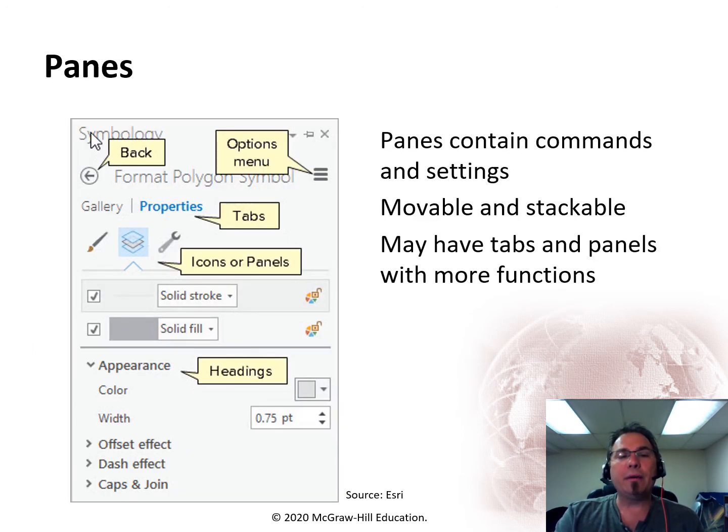So within each one of the panes, you have various other options. Okay, you have an options menu, the three bars. This should look familiar from your phone. I mean, there's a term for those things and I can never remember what it is. You can dock these, you can move them around your screen. So you can see there's little drop down menus, there's panels, there's icons in here, or each one of these.